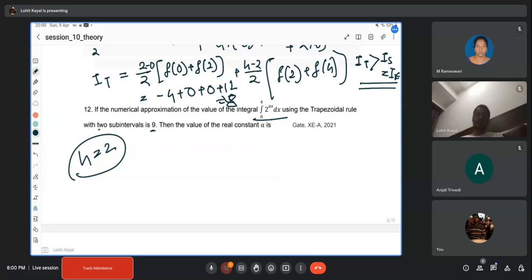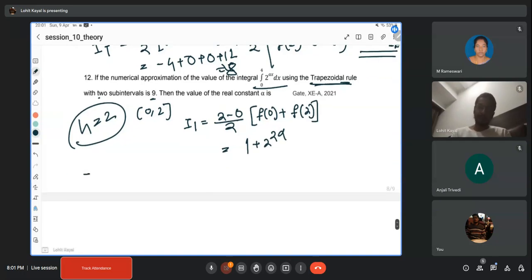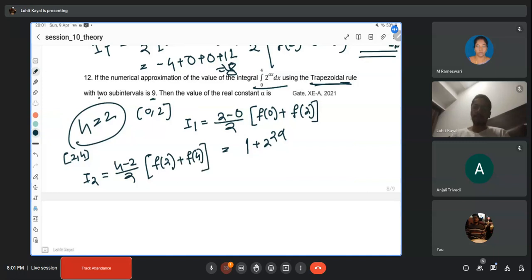Now for 0 to 2, I just need to use the trapezoidal rule. For 0 to 2, I1 equal to (2 minus 0) over 2 times (f(0) plus f(2)). So it is 1 plus 2 to the power 2 alpha, right? Now I2 is from 2 to 4, that is (4 minus 2) over 2 times (f(2) plus f(4)).